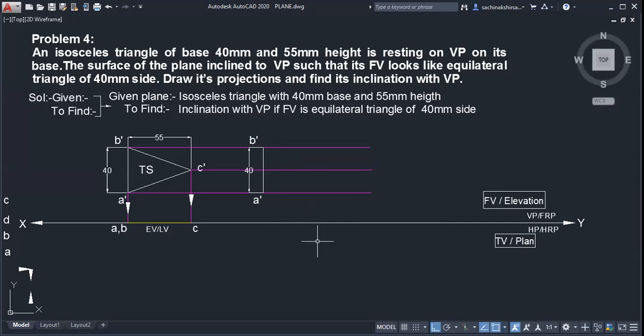From B dash 40 and from A dash 40. How are you going to complete? So from here, 40. You can take a 60 degree angle, no problem. If at all you take 60, again no problem.